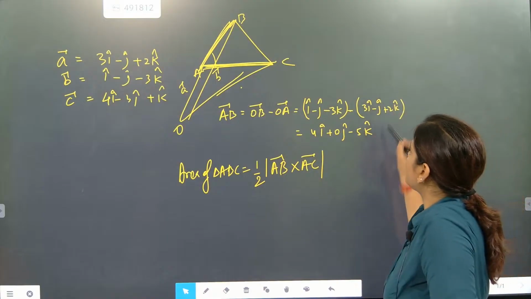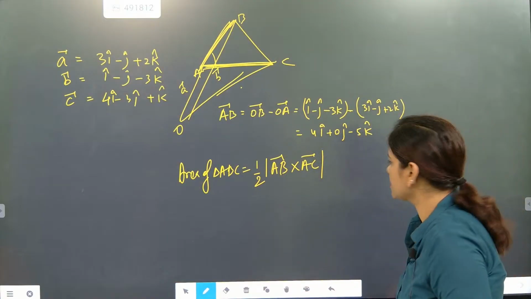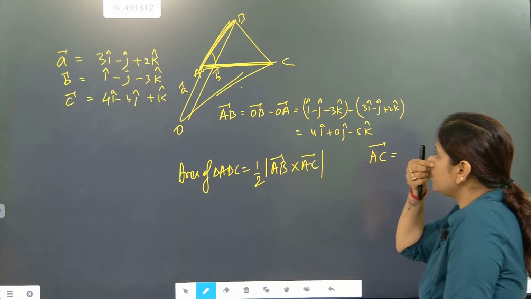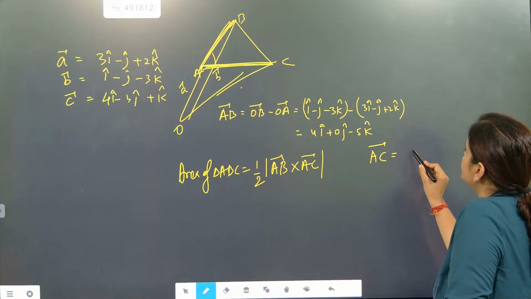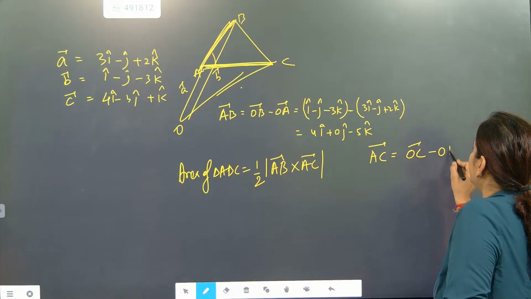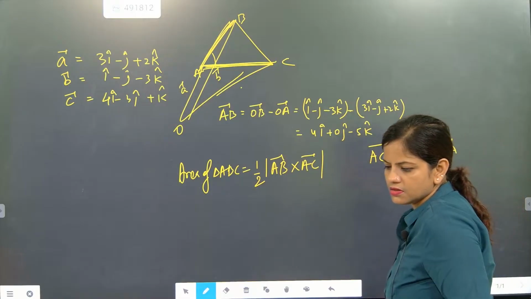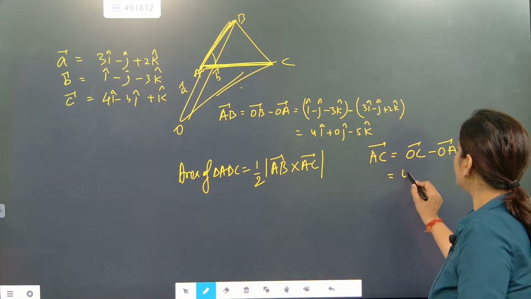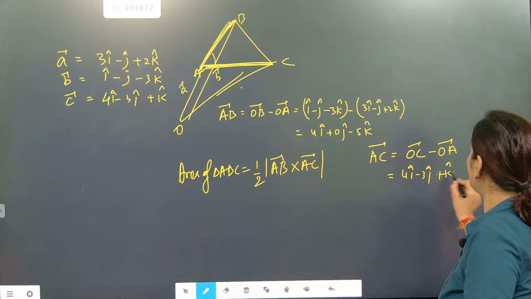So now we need to find AC. Let's solve AC. AC vector is equal to OC minus OA. So OC is coming as 4I minus 3J plus K. I hope you have written.